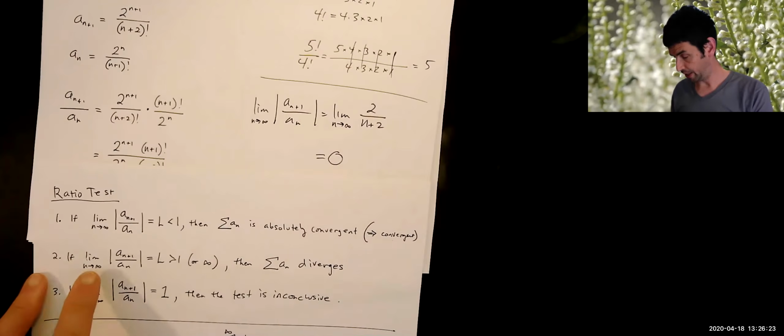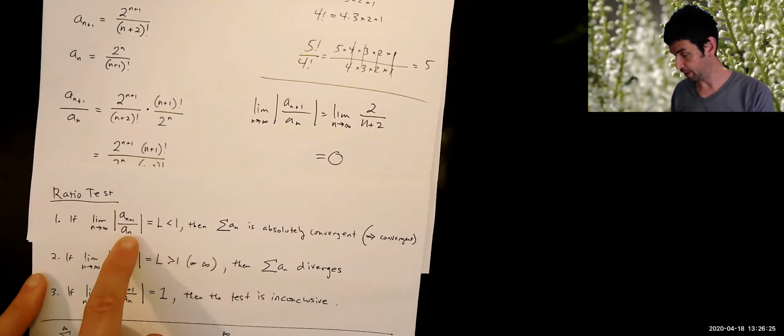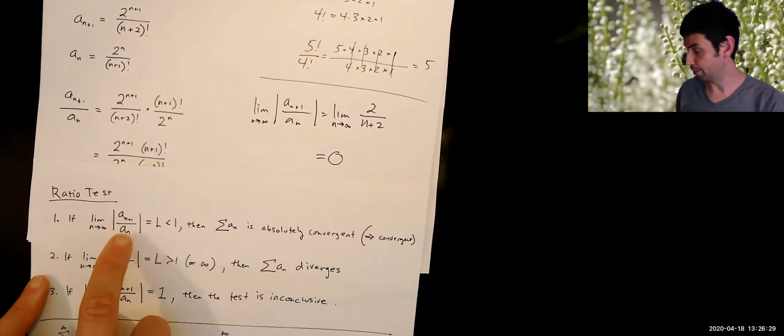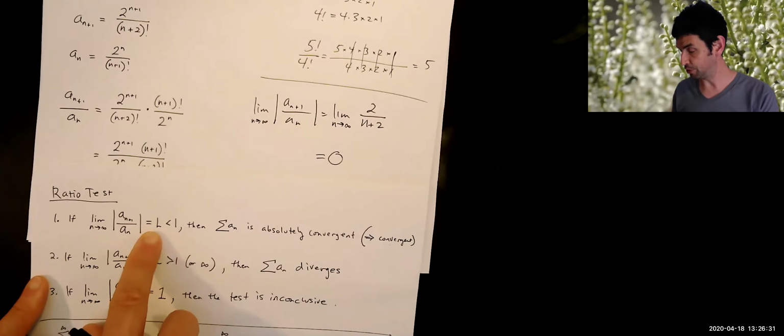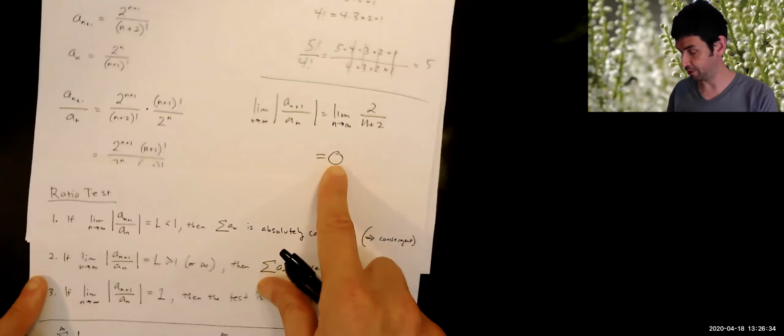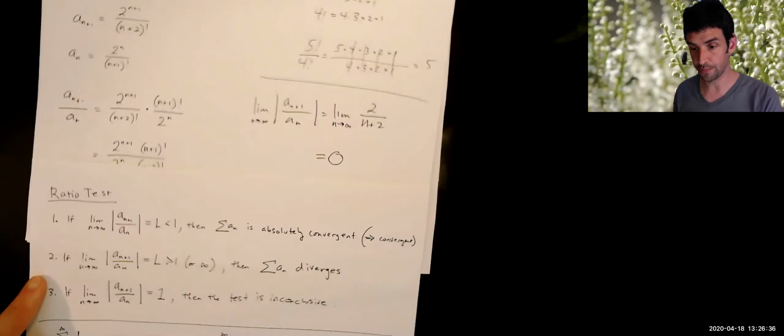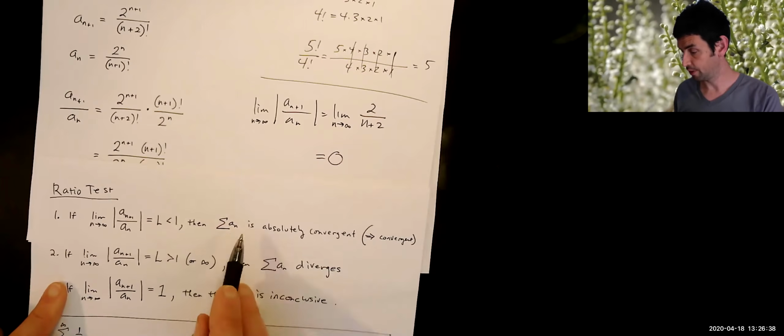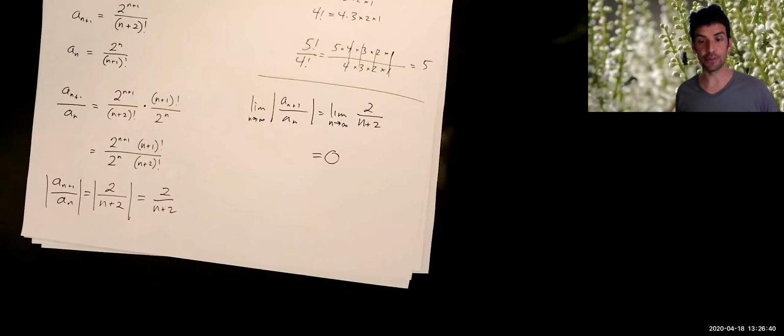So we are in this first case. The limit of the ratio of our successive terms in absolute value is equal to a number L. In this case, our number is 0, which is clearly less than 1. So our series is absolutely convergent and therefore convergent.